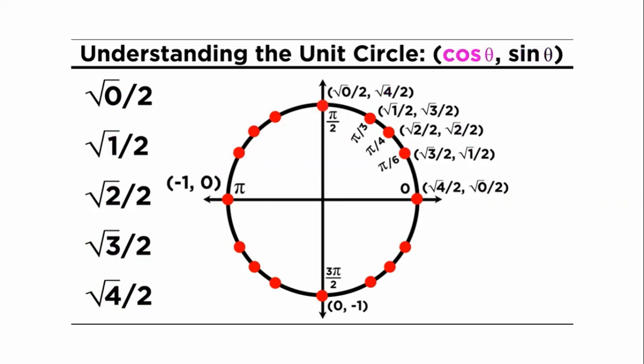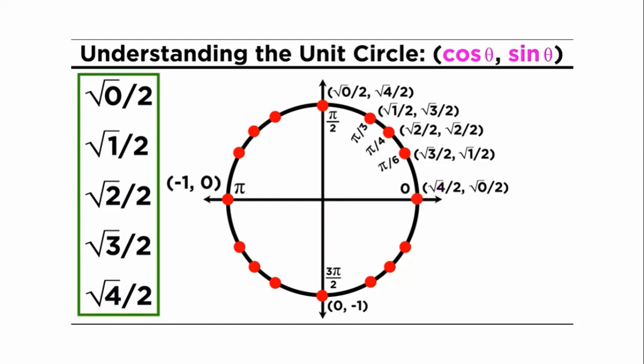We could do the same thing with the x values, which correspond to cosine values for these angles, starting with the y-axis and then moving to the right in the positive direction. Again, we hit the same values. So all we have to do is remember this one numerical sequence and that the coordinates of each point take the form of cosine theta, sine theta, and we will never forget any of these values.